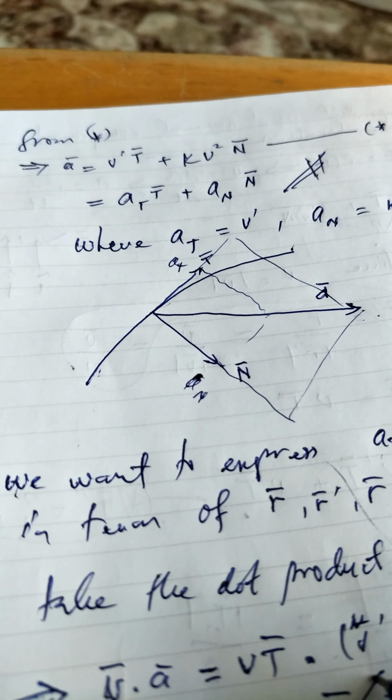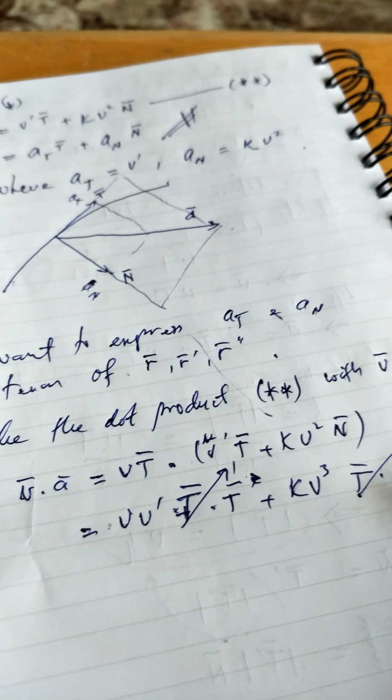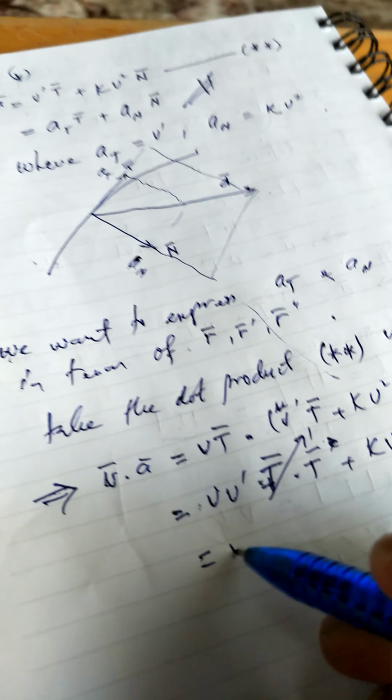So this gives you 1, this one gives you 0. What is left is v dot a equal to v v prime.